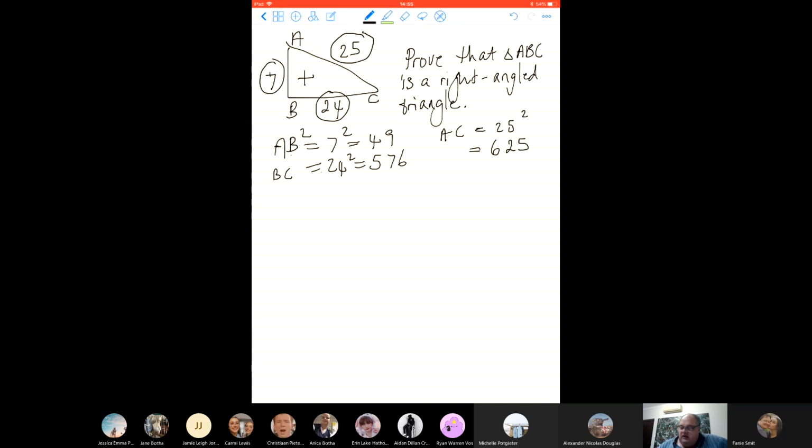Now, when will this be a right-angled triangle? I need to prove that in this case, AC squared is equal to AB squared plus BC squared, isn't it?